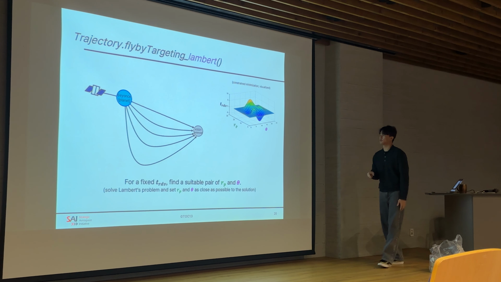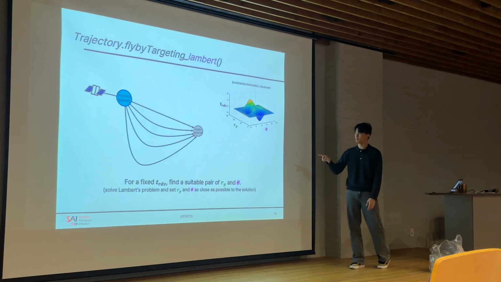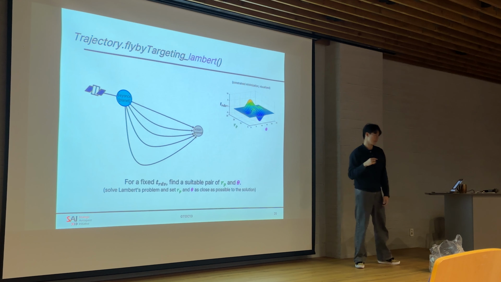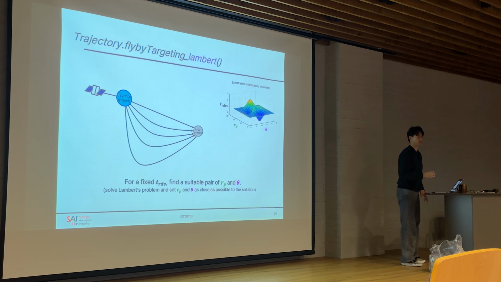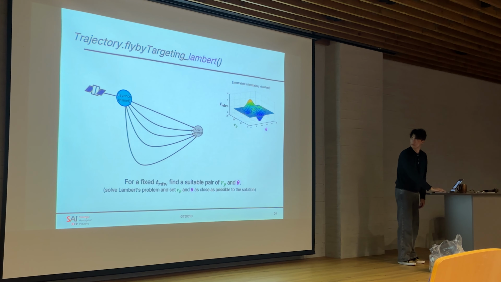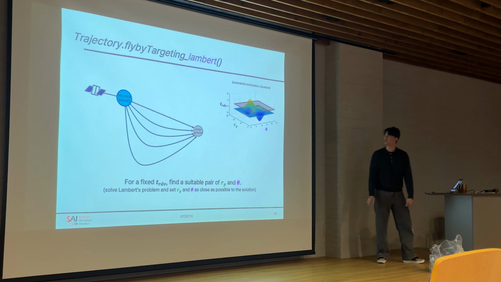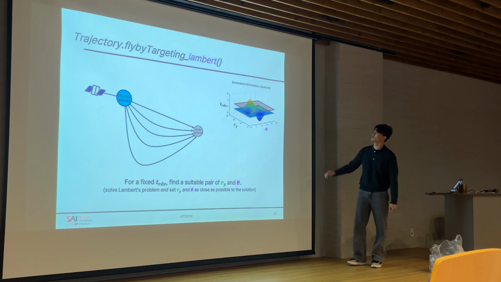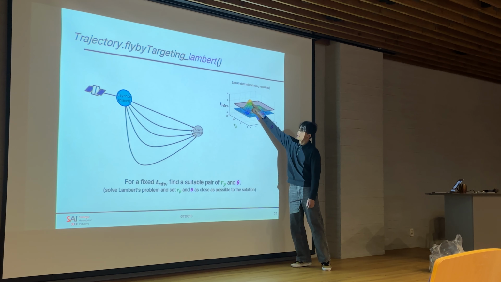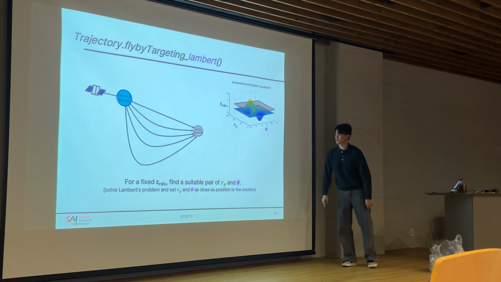But there is no guarantee that there exists such an RP and theta that makes that arc. So if there exists such an RP and theta, we would be lucky, but if not, we would choose the most suitable RP and theta that best approximates the outgoing velocity. So if you visualize it again in the 3D space, you'd be first choosing the T rendezvous, and then choosing the intersection for the RP and theta.